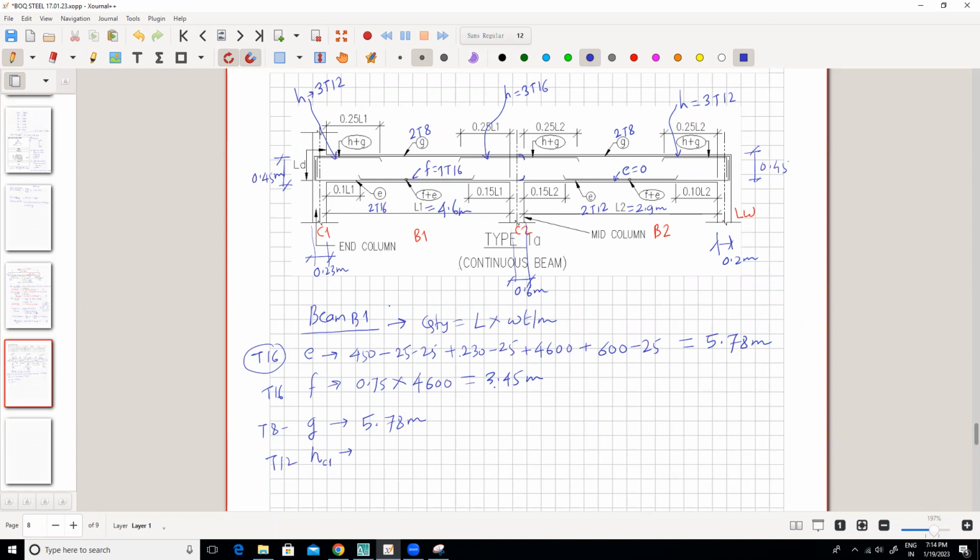So what is the length? 0.25 into 4600 plus 230 minus 25 plus 450 minus 25 minus 25. This length and this length. 1755.